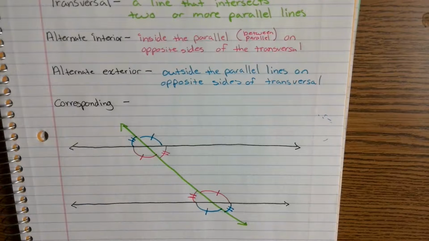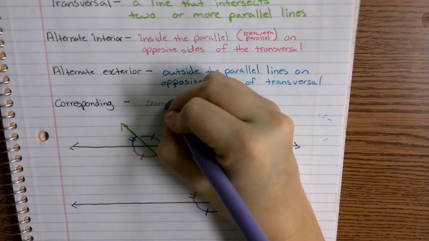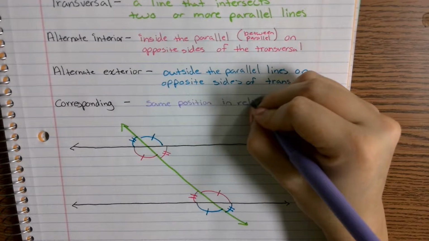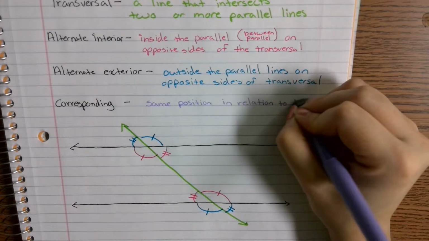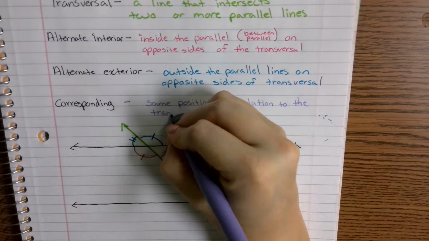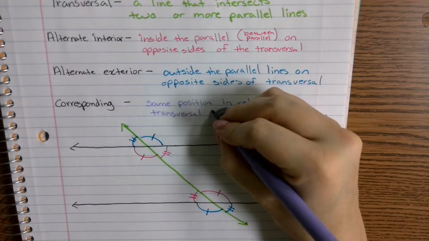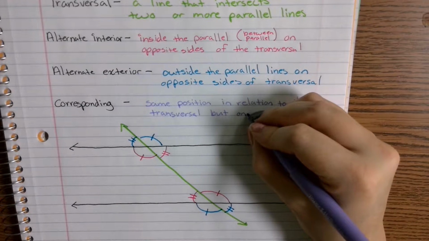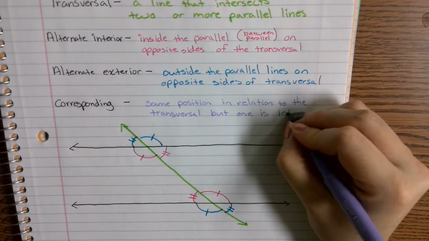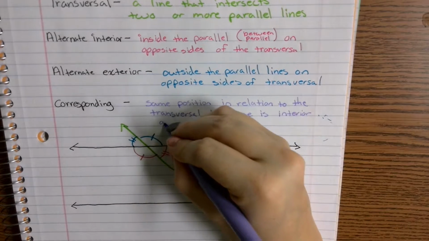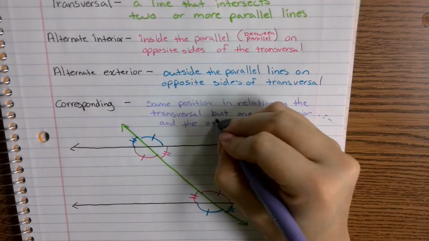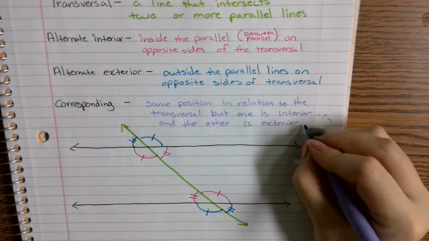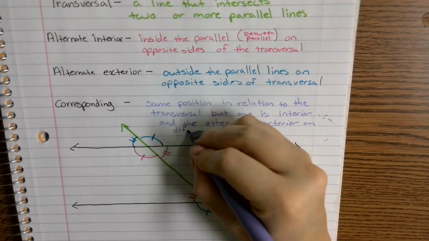So the set of corresponding angles, that means it's in the same position in relation to the transversal, but one is interior and the other is exterior on different parallel lines.